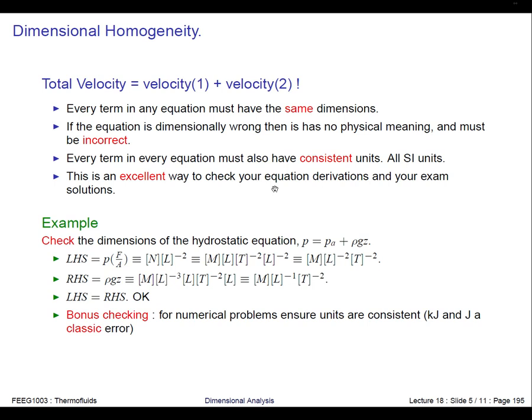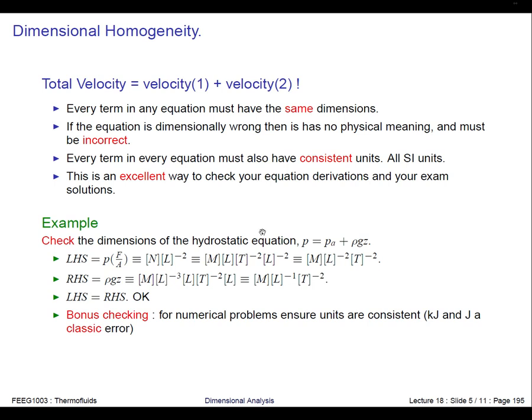And just as I mentioned two slides ago, when you're deriving equations, this is a great way to make sure you haven't made any errors in your derivations. When you derive an equation, if you have a term and another term and another term, they've all got to be the same thing. You can't say that a velocity equals a pressure plus a length minus an acceleration.